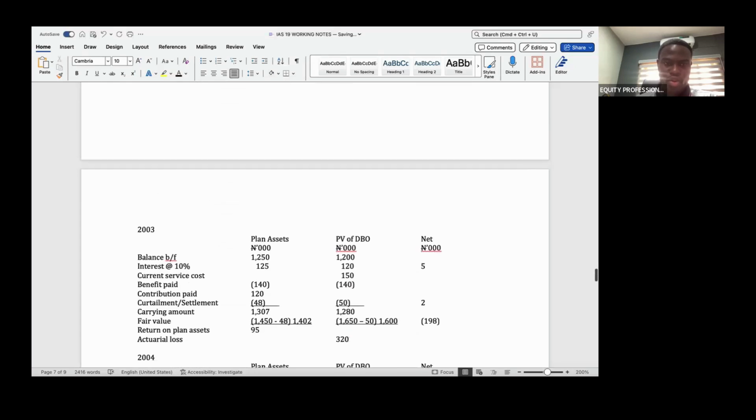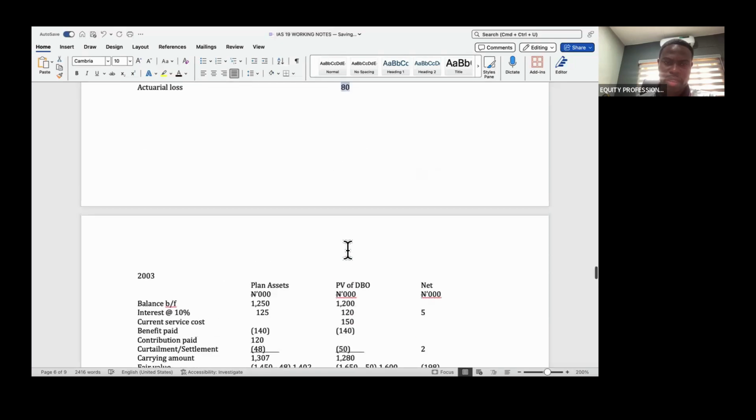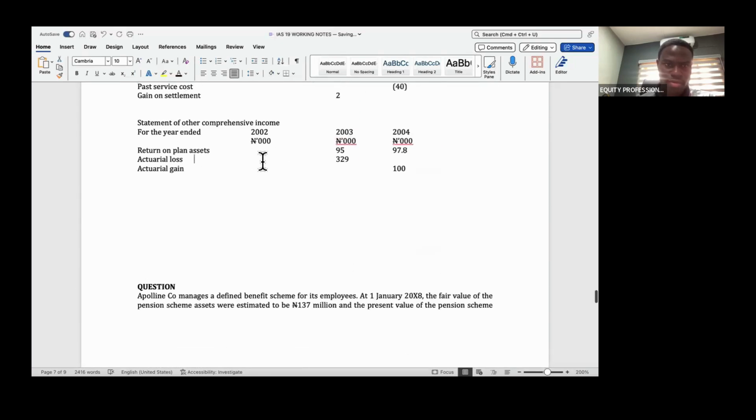And in 2002, actual loss of 80, return on plan asset of how much? 160. Actual loss of 80, return on plan asset of 160. Okay.